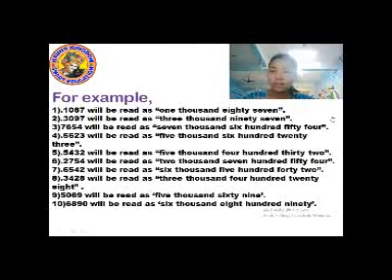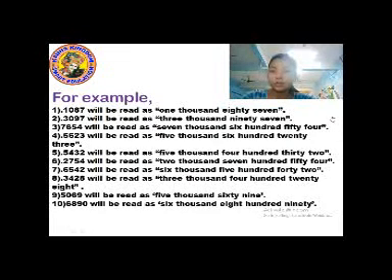And the seventh example is 6542, which will be read as 6542.